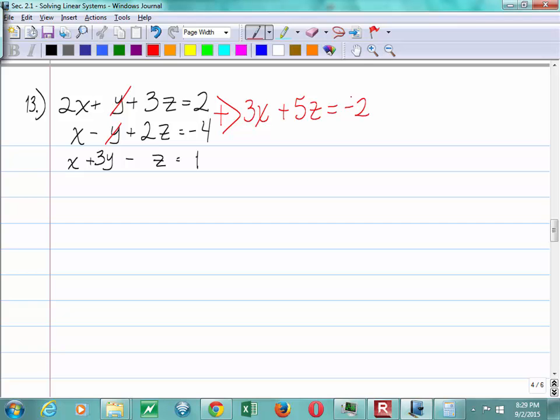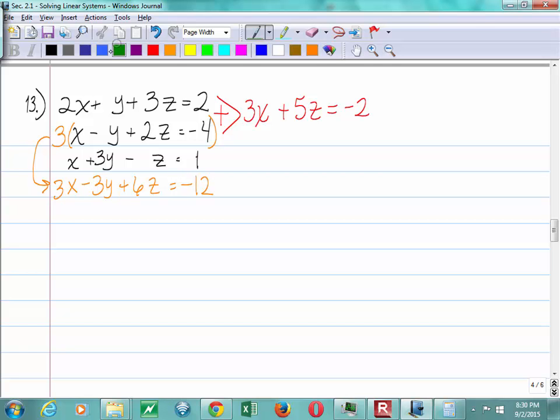Okay, and then, like I said, the next thing I'm going to do is multiply the second equation by 3. That way I'll get a negative 3y to cancel out with the positive 3y on the third equation. So when I multiply that by 3, it gives me 3x minus 3y plus 6z equals negative 12.